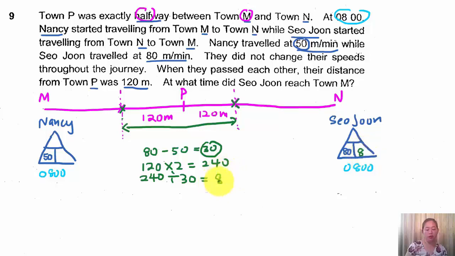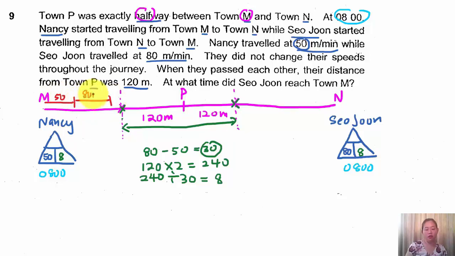Now that we know he took 8 minutes, it also means that Nancy took 8 minutes as well, because they have the same starting time. So let's imagine that instead of Nancy and Seo Jun moving towards one another, they move in the same direction and each covers the distance they can. Nancy will do 50 in that 1 minute and Seo Jun will do 80.